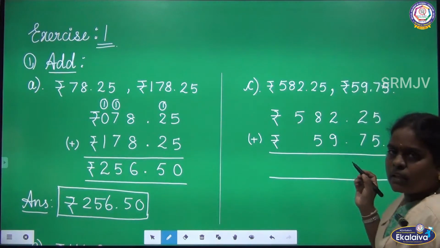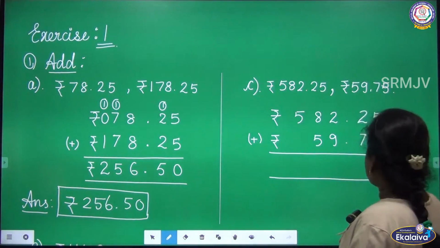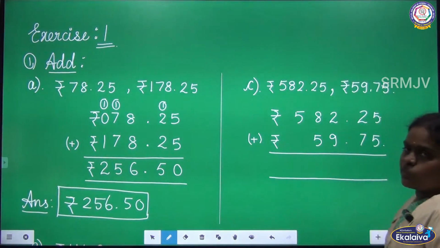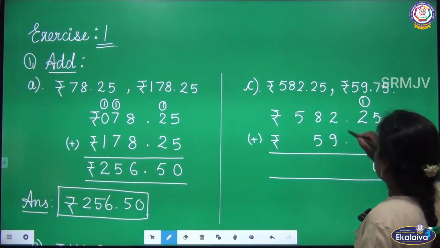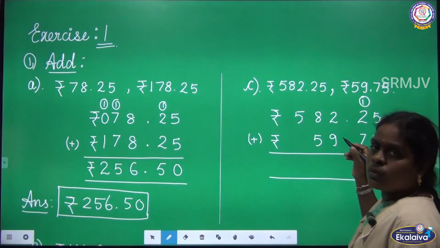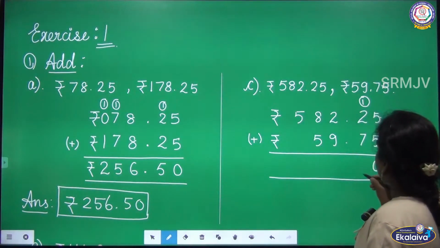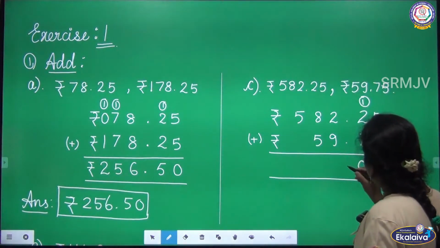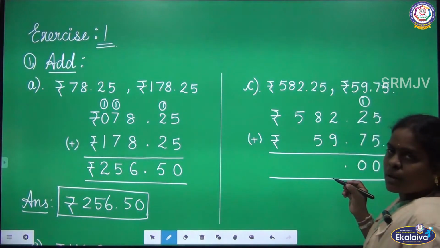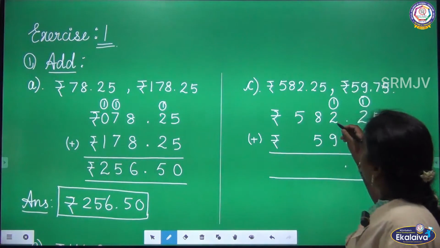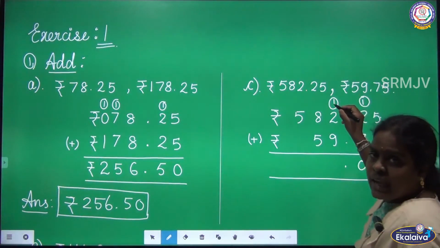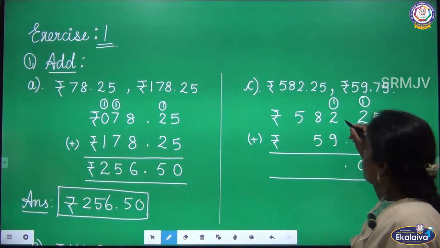Yes, let us add the paise column first. 5 plus 5 it is 10. 0, 1 carry over. 7 plus 2 is 9. 9 plus 1 is 10. So 0, place the decimal point and 1 carry over. Now 9 plus 1 is 10. 10 plus 2 is 12.